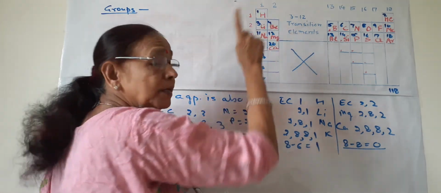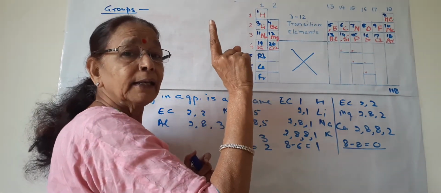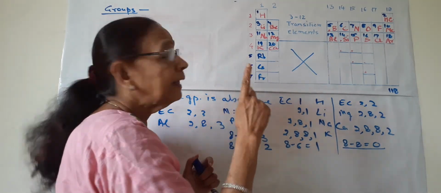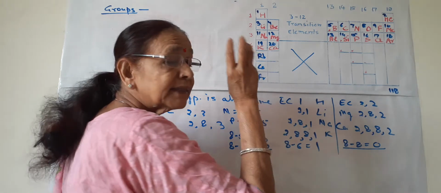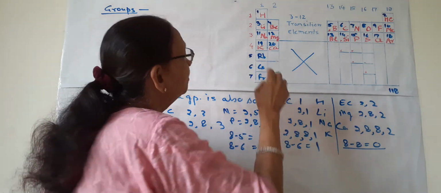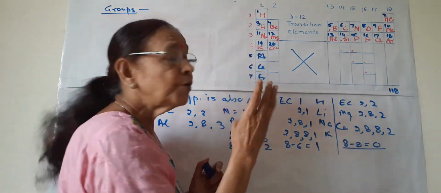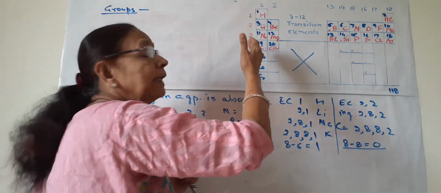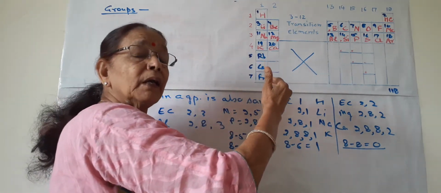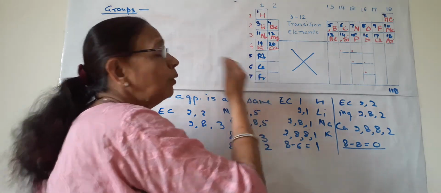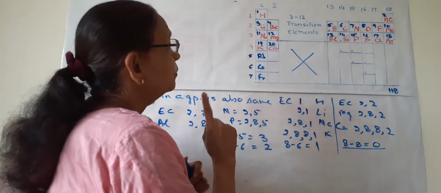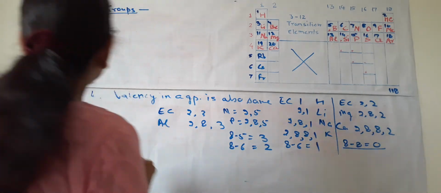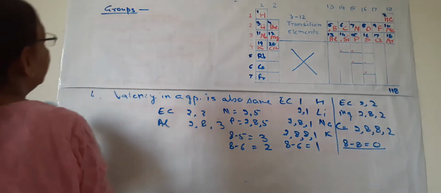Hydrogen has only a single K shell. Then lithium has 2 shells, K and L. Sodium has 3 shells, K, L, M. And potassium has 4 shells. So as we go down, the number of shells increases one by one. So these are some characteristics of a group. Now we come to the periods.